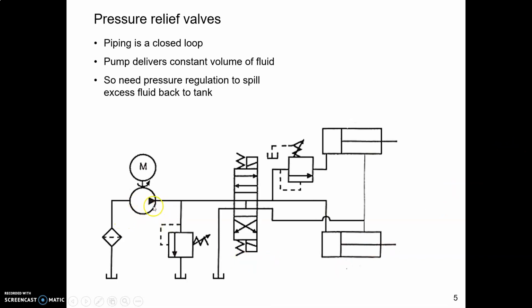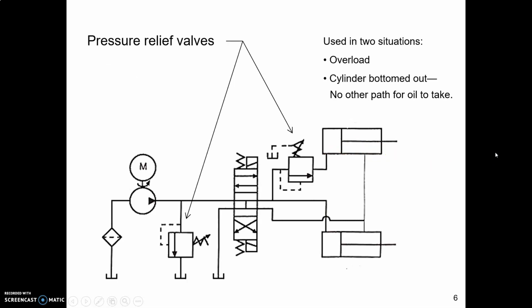So the oil always goes out pumped from the tank, out to the actuators, back to the tank again. And that pump is delivering a constant volume of fluid. Well, that means you need some way to regulate the pressure so that when something gets as full as it can get, then excess oil will flow back to the tank.